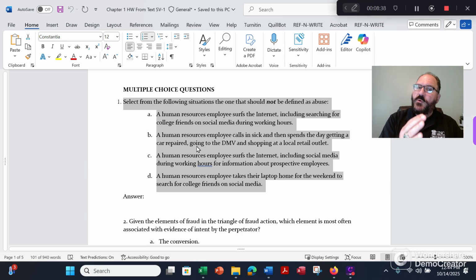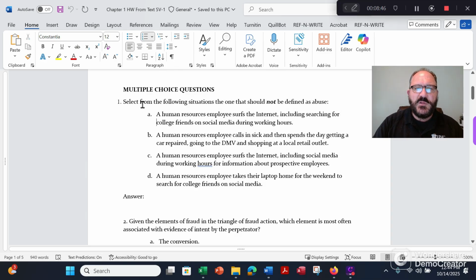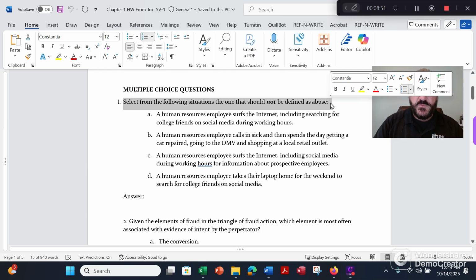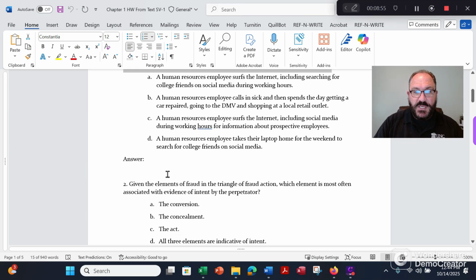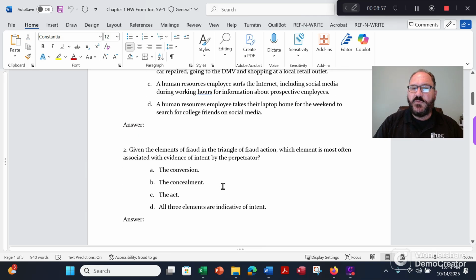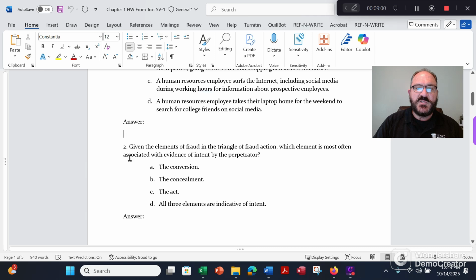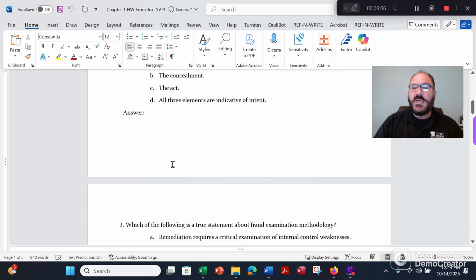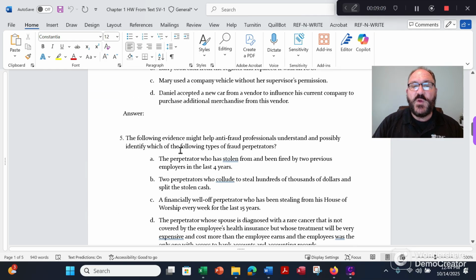When you read them, pay close attention, because a lot of the answers sound really good. For example: select from the following situations the one that would not be defined as abuse. Then: given the elements of the fraud triangle, what element is most associated with the evidence of intent by the perpetrator? This is stuff you would have had to read in the textbook.